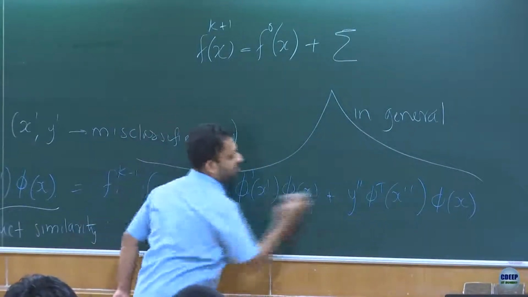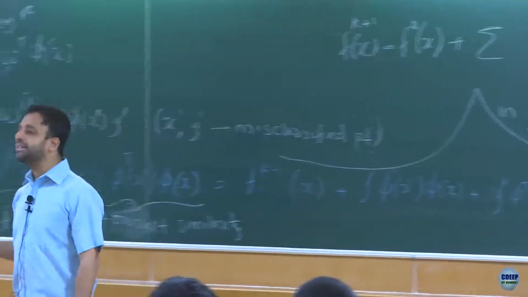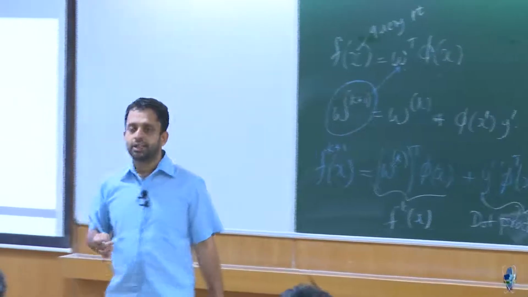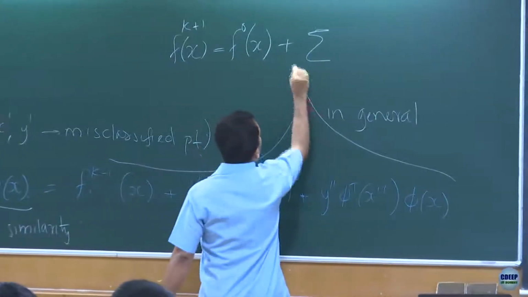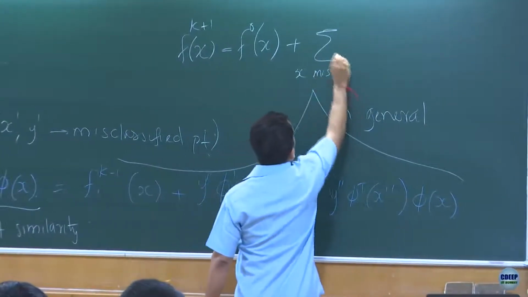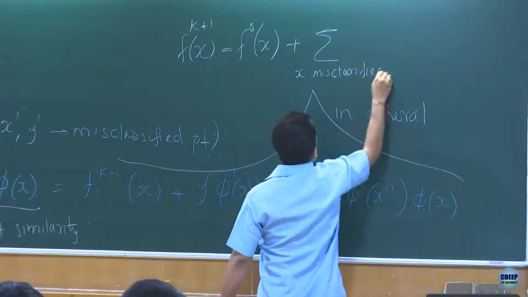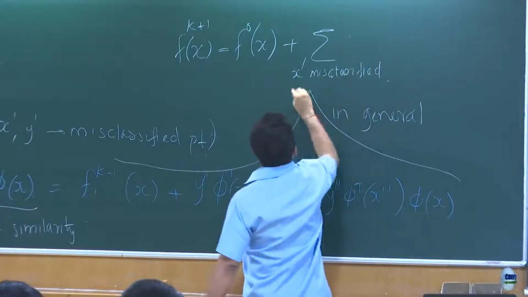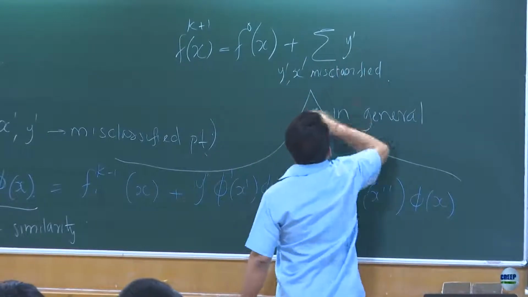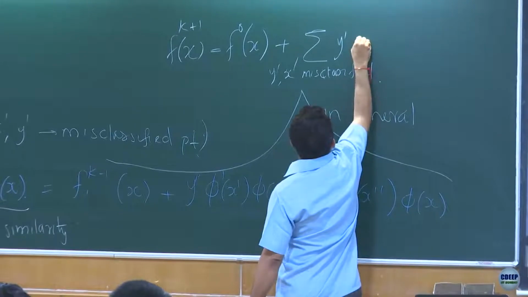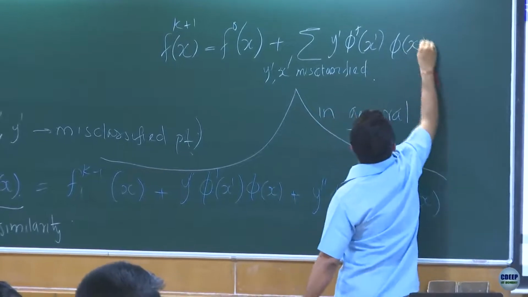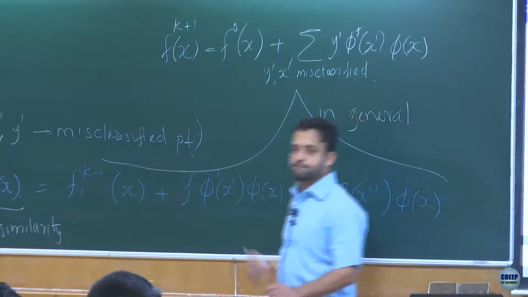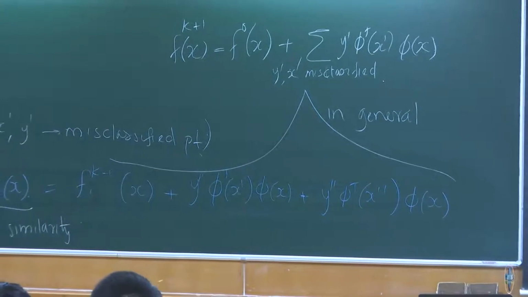I am going to abstract these two into some summation over all the points that mattered in terms of adjusting the perceptron, the summation over all the misclassified points x prime, y prime.